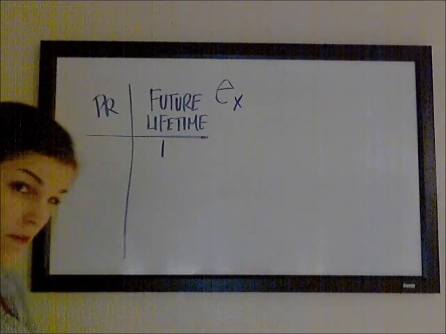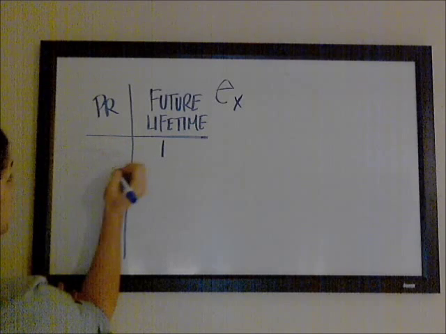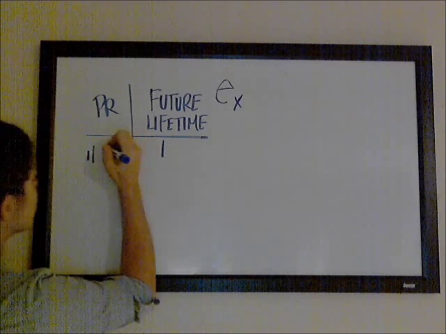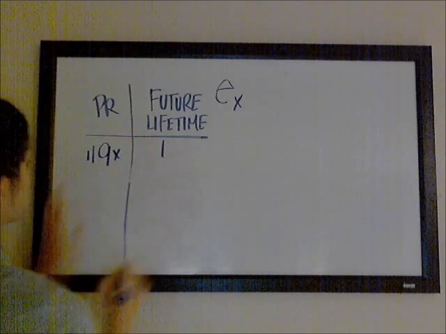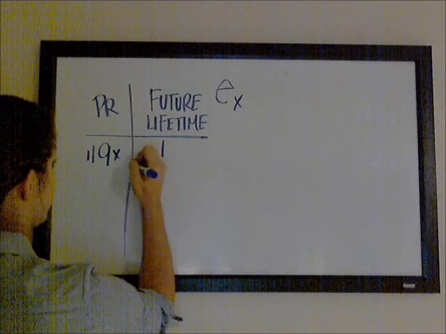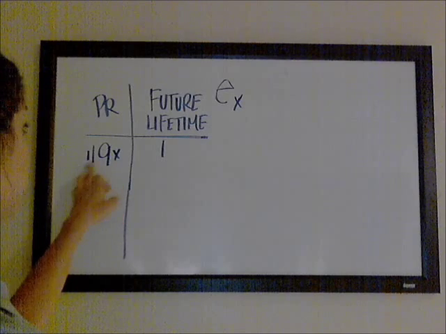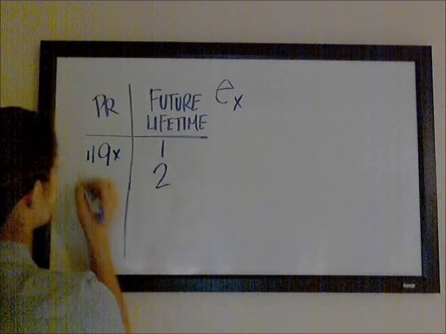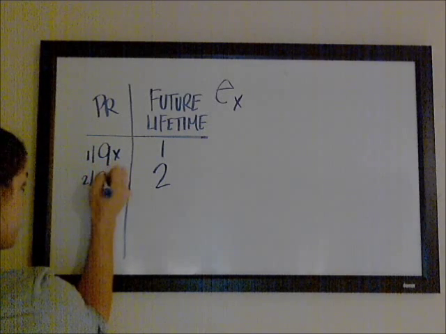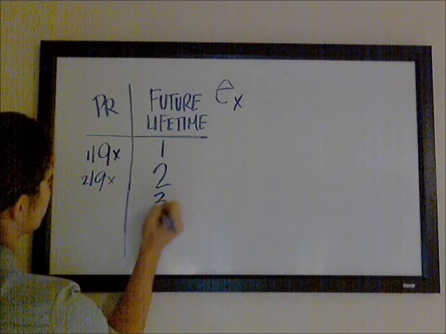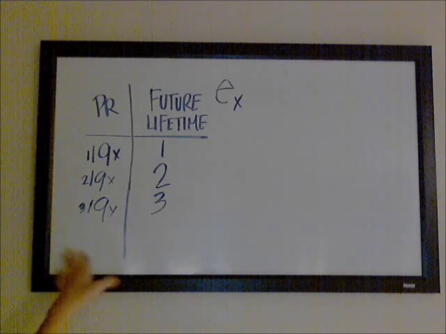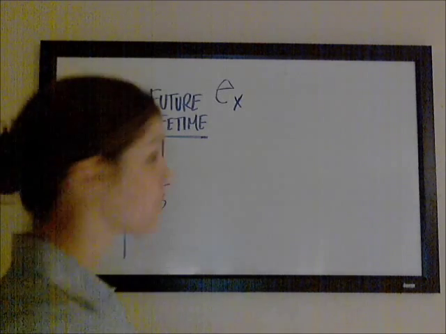If you only live one more year, the probability of that is that you live 1 year, that you fail to live the next year. You live 1 year and then you die. Okay, that's one. Two would be you live 2 years and then you die. Three would be you live 3 years and then you die. And on and on and on.